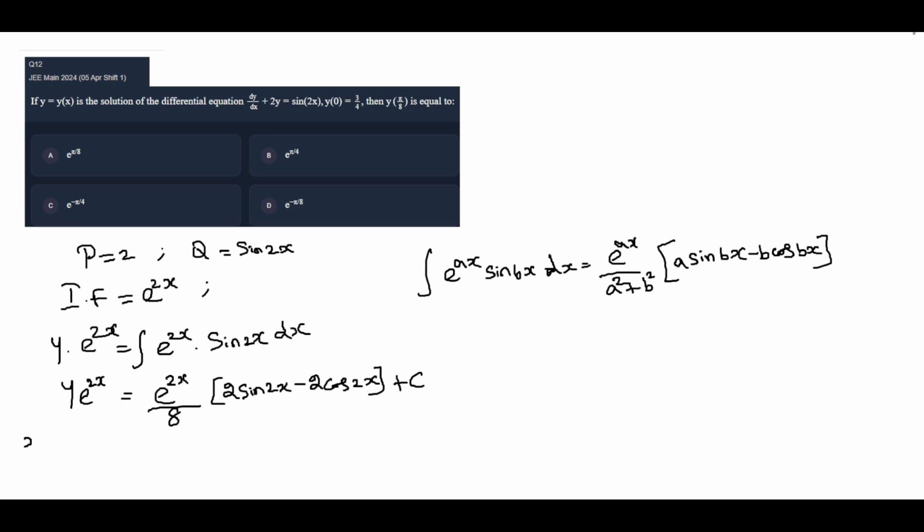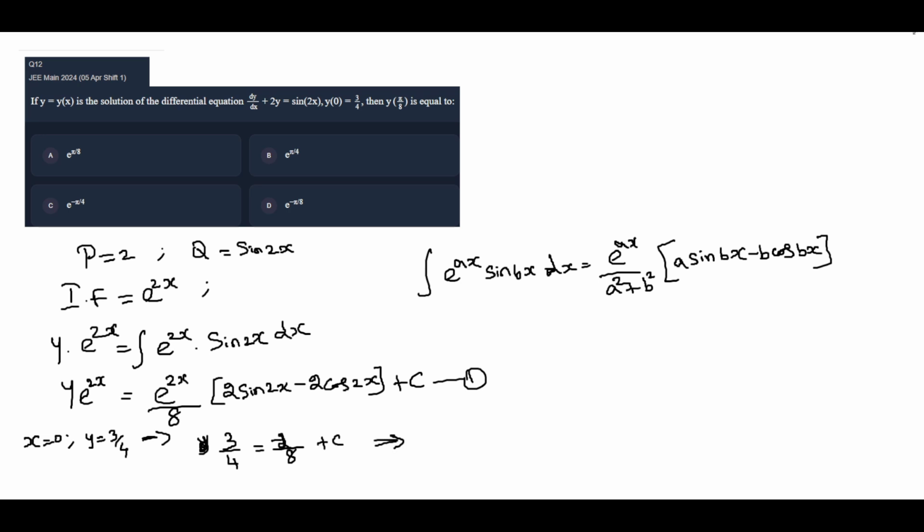Using the initial condition, x equal to 0 and y equal to 3 by 4: x equal to 0 means y will be 3 by 4, applying equation 1, 3 by 4 equal to e power 0 is 1, 1 by 8, sine 0 is 0, cos 0 will be 1, so minus 2, plus c.